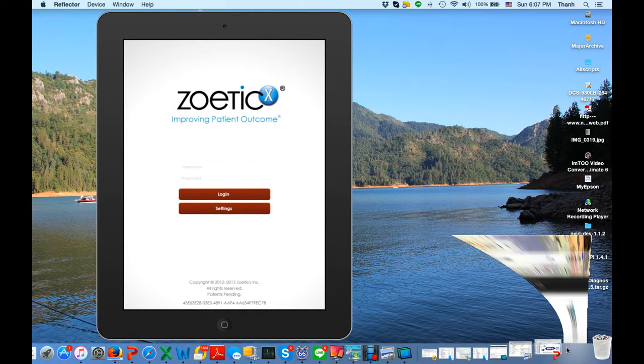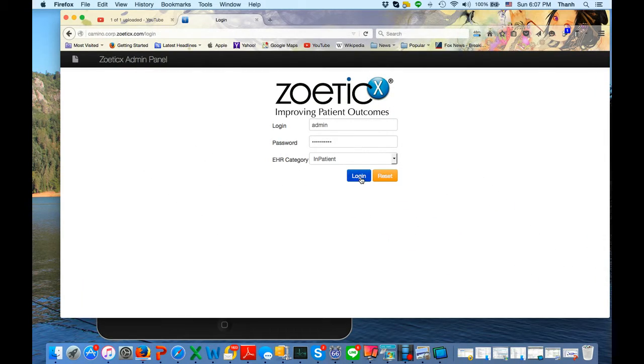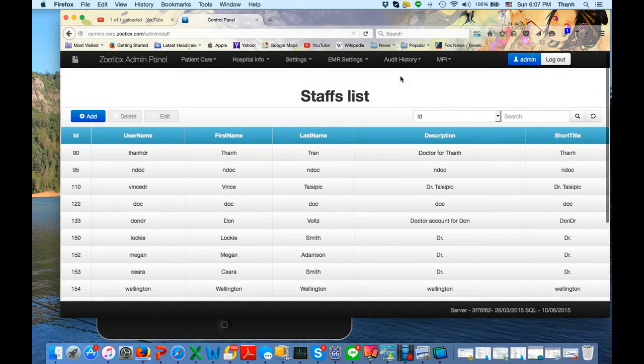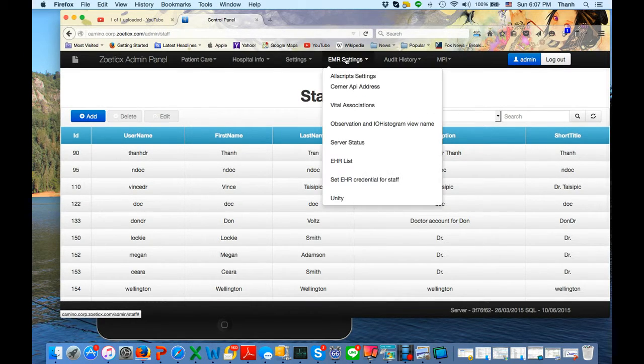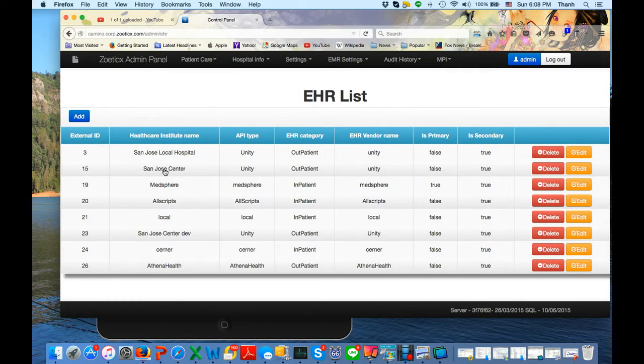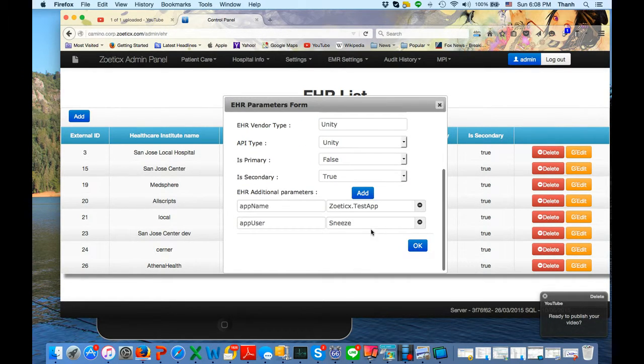Now, the last part of the interoperability is, what happens if I'm a family doctor and I have a patient that happens to be in the hospital? My dashboard happens to be of an ambulatory EHR.